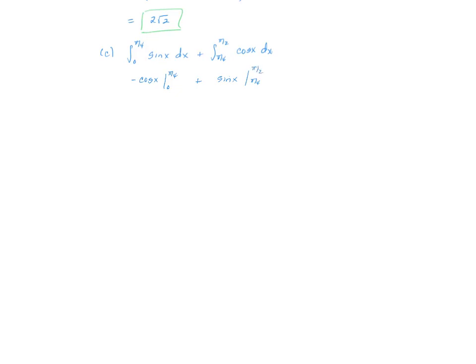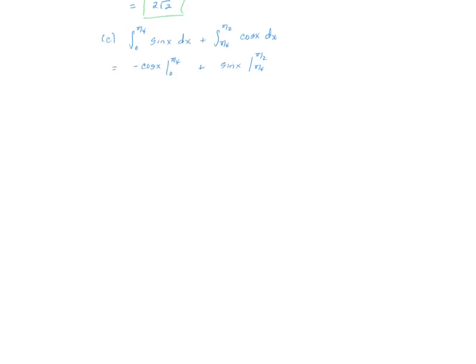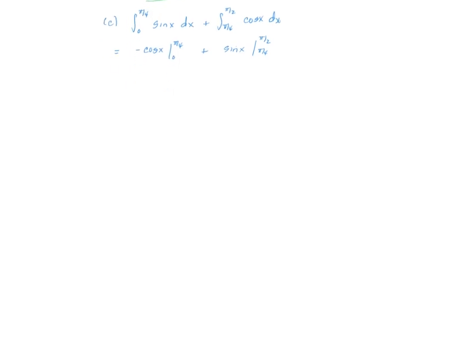So again, just read real careful. Make sure you know what region you're looking at. So cosine of pi over 4 is square root 2 over 2, but it's a negative cosine. So it's going to be negative square root of 2 over 2 minus a negative cosine of 0, which would turn into a plus 1.